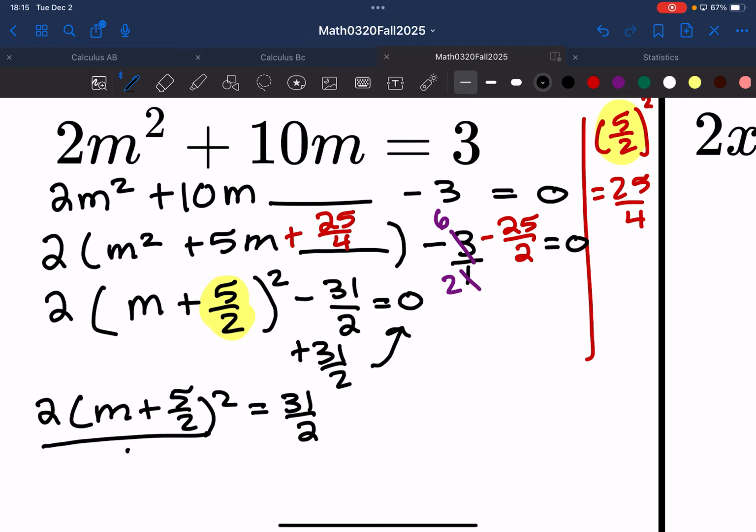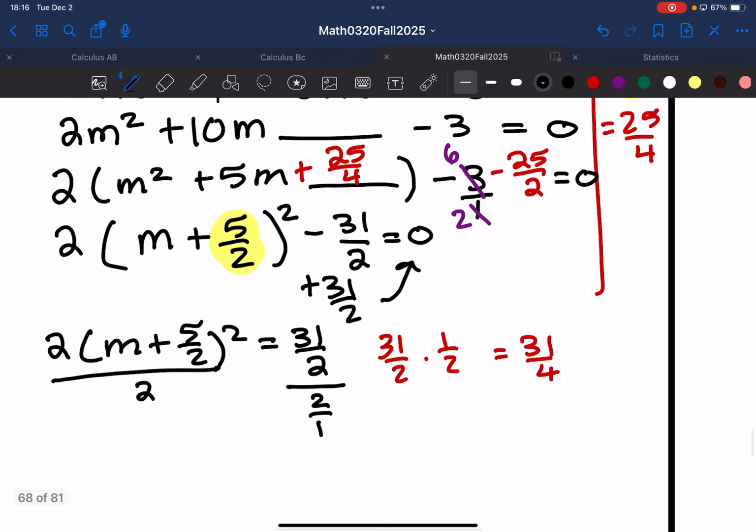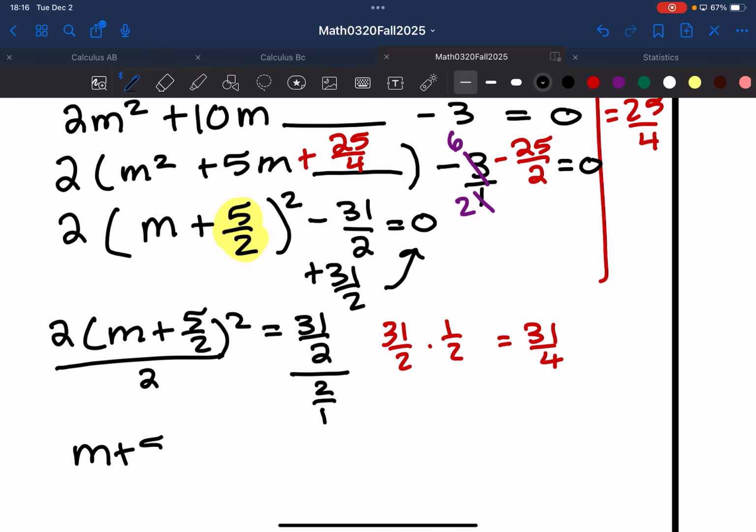So if I divide by 2, that's the same as dividing by 2 over 1, which means this is technically 31 over 2 times 1 over 2, which becomes 31 over 4. So I have m plus 5 over 2 squared is equal to 31 over 4.